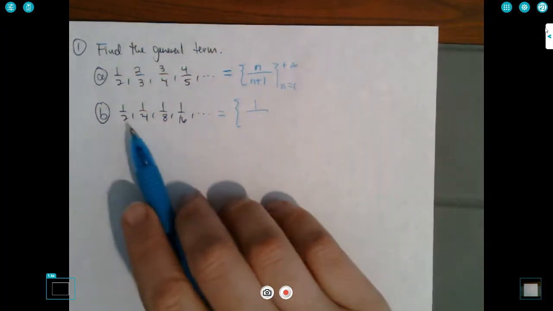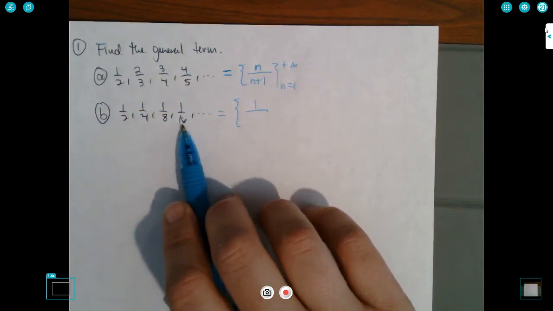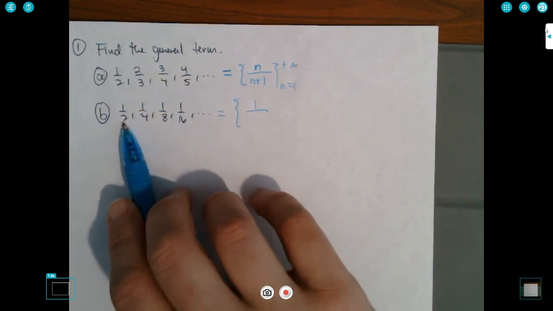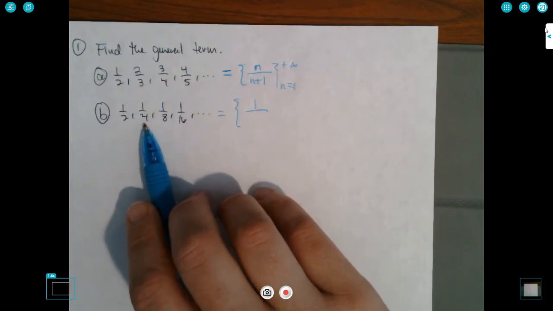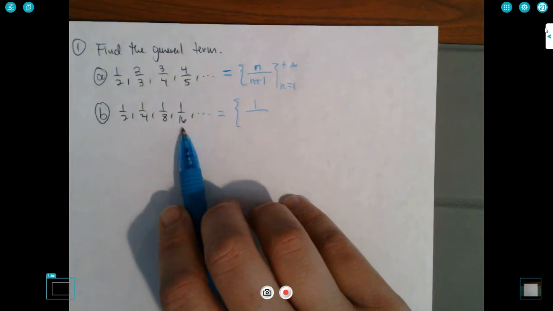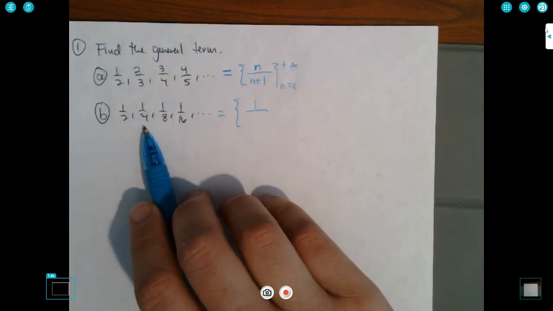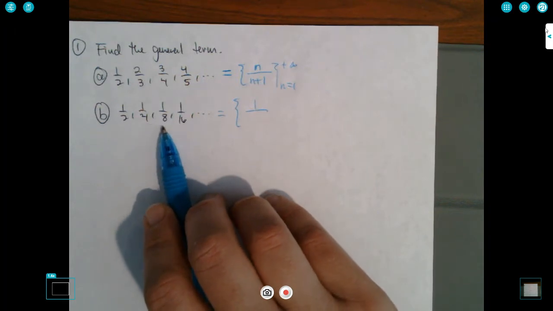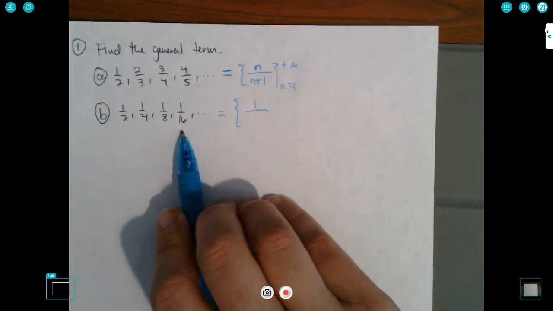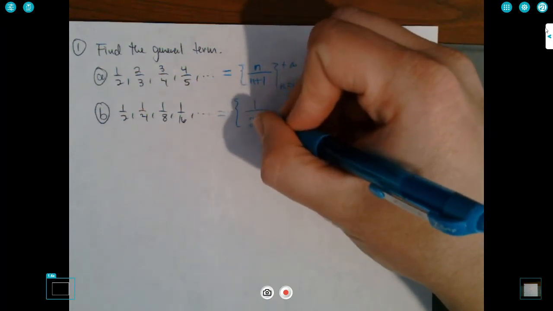The denominator, on the other hand, goes 2, 4, 8, 16, so we're doubling the denominator each time. Notice that 2 is 2 to the first power, 4 is 2 to the second power, 8 is 2 to the third power, and 16 is 2 to the fourth power. So our first term is 2 to the 1, our second term is 2 to the 2, our third term is 2 to the 3, and our fourth term is 2 to the 4. So our nth term is going to be 2 to the n.